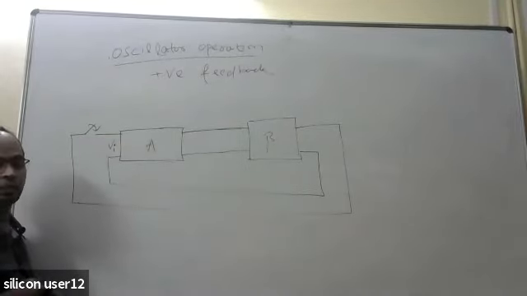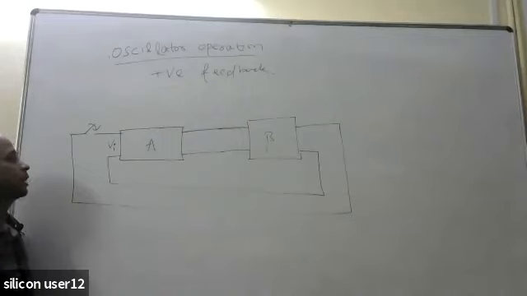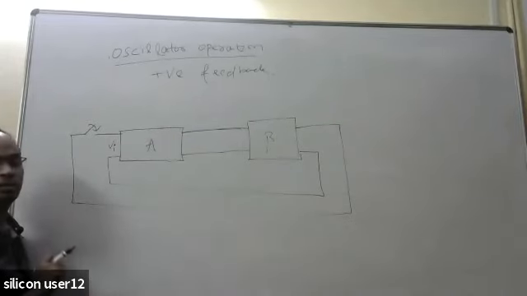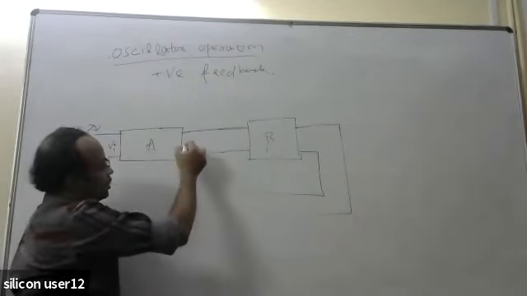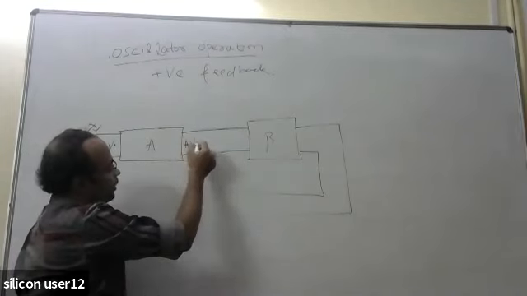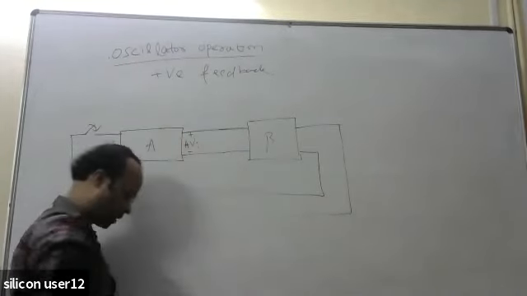Now we'll see its working principle. Let us say this is just an amplifier block. Here the input is given as Vi and its gain is A. So obviously the output here will be A into Vi. This side is plus, this side is minus.